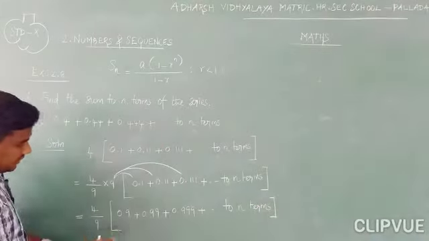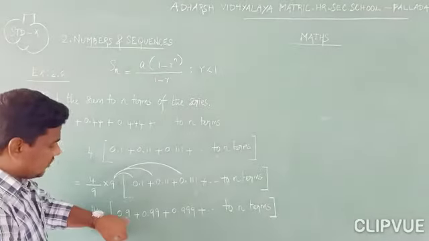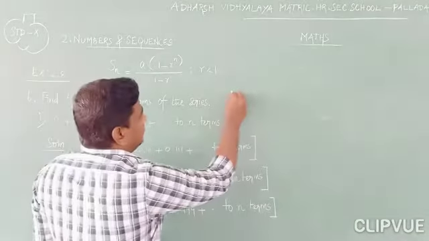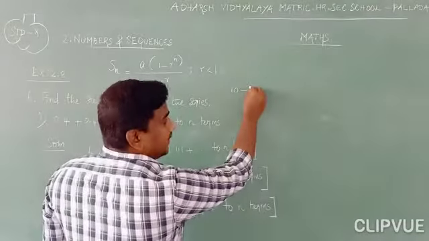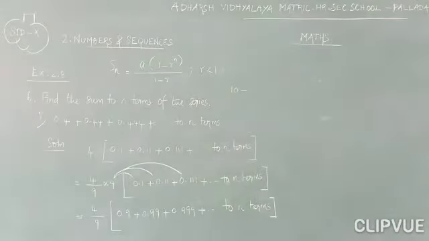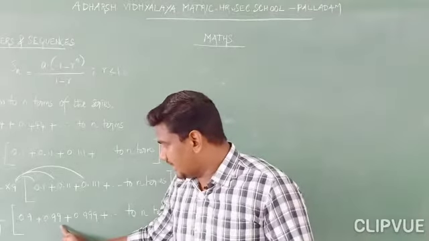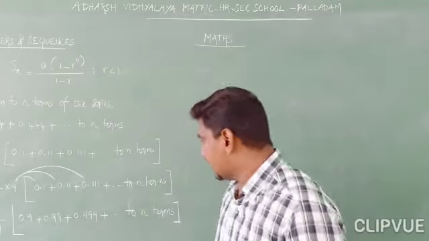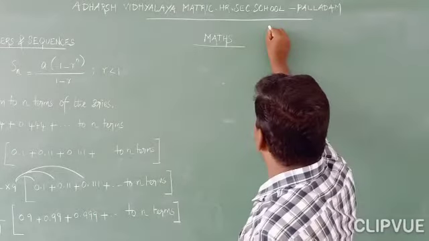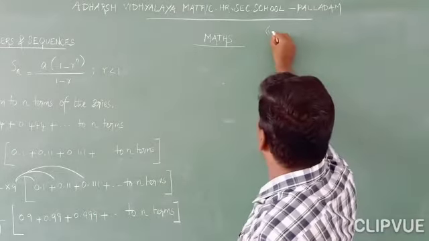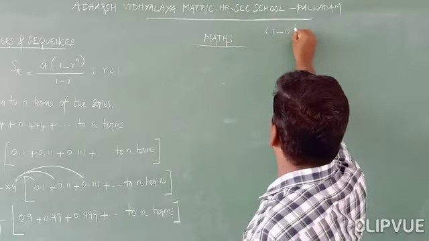Next I am going to write the number 0.9. So this 0.9 and 0.99 and 0.999 can be rewritten in the form of, first instead of 0.9 I am going to write 1 minus 0.1.